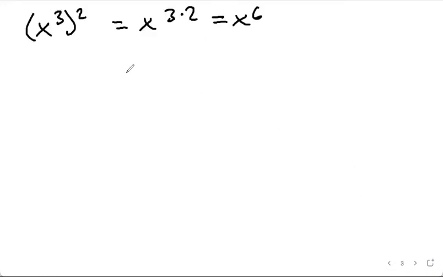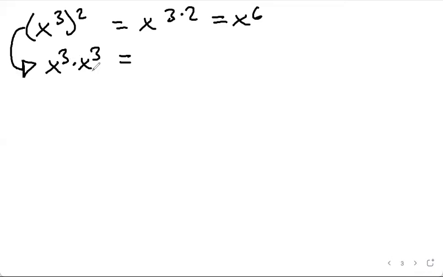Okay, let's explore this further. Let's think about why this is true. Well, if x cubed is being squared, then what that means is we're doing x cubed times x cubed, right? And we know how to do this, because we can add the exponents. That's the product rule for exponents.